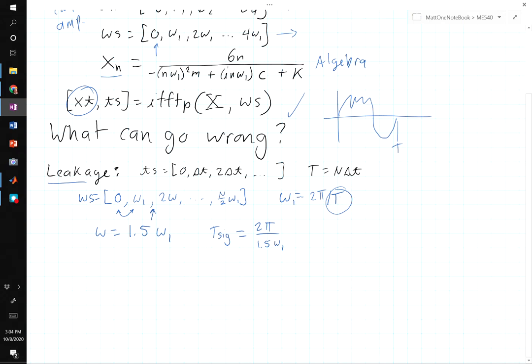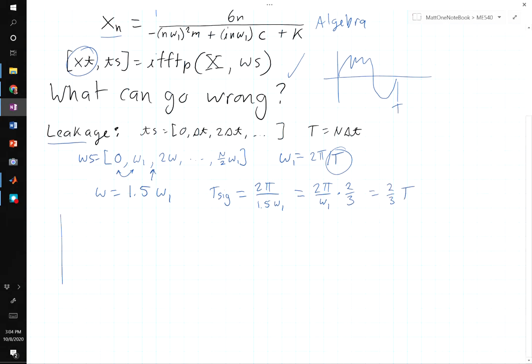And 2 pi over omega 1 is just T. So we can rewrite this as 2 pi over omega 1 times 2/3, or this is T, so this is just 2/3 T. In other words, what this is telling us is if we have a period T, we're talking about a signal that goes through one cycle in 2/3 of a period. So in the second third of a period, it'll go through only half a cycle.